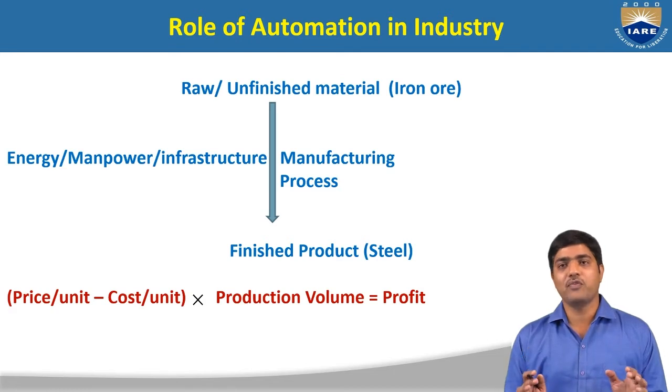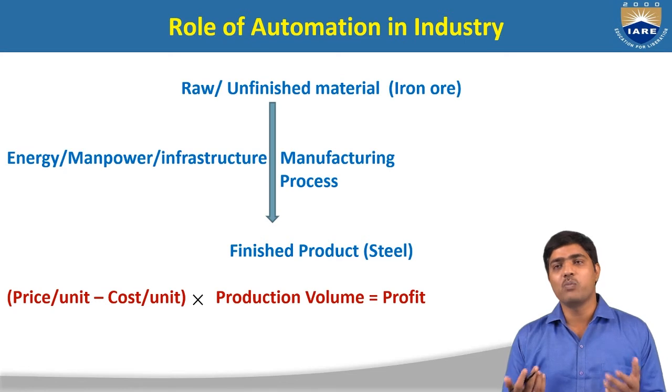So the major goal of an automated industry is, suppose you are feeding some raw material into a particular process, then that is going to give the end product. For example, if you take a steel plant, what is the input to the steel plant? That is the iron ore.